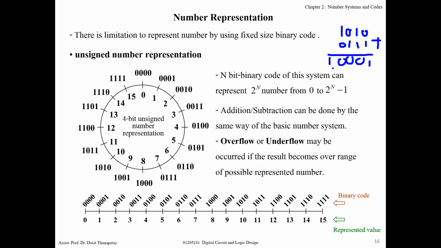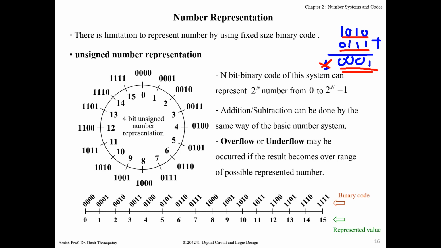Anyway, for now, let's use only 4 bits. In this case only 4 bits, so you keep only 4 bits, and the last bit you don't use. So what happened?